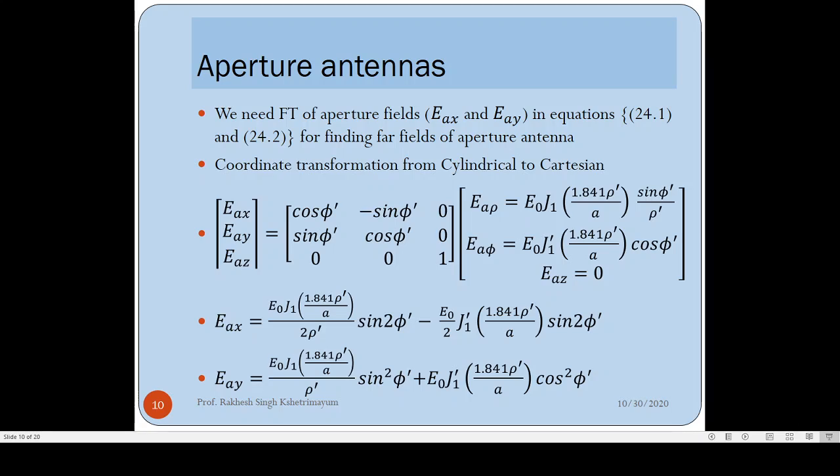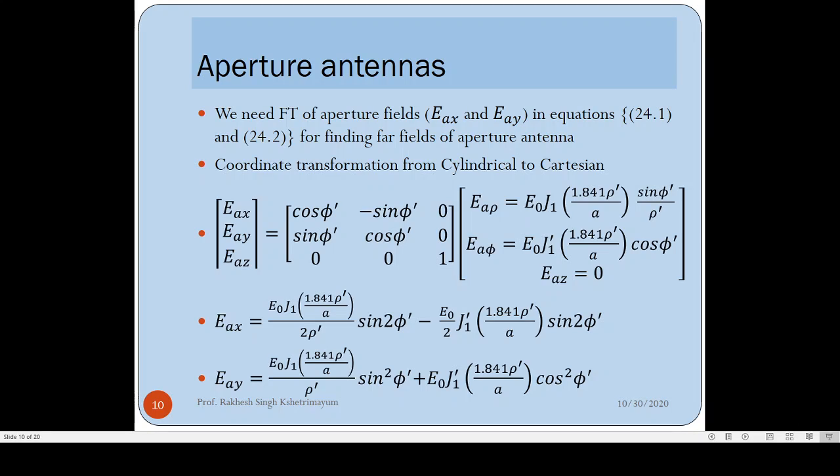In the expression you have for the electric field in the far field of the aperture antennas, equations 24.1 and 24.2, we want the Fourier transform of the aperture field, which is EAX and EAY, the x and y components of the aperture electric field. We have derived it like that.